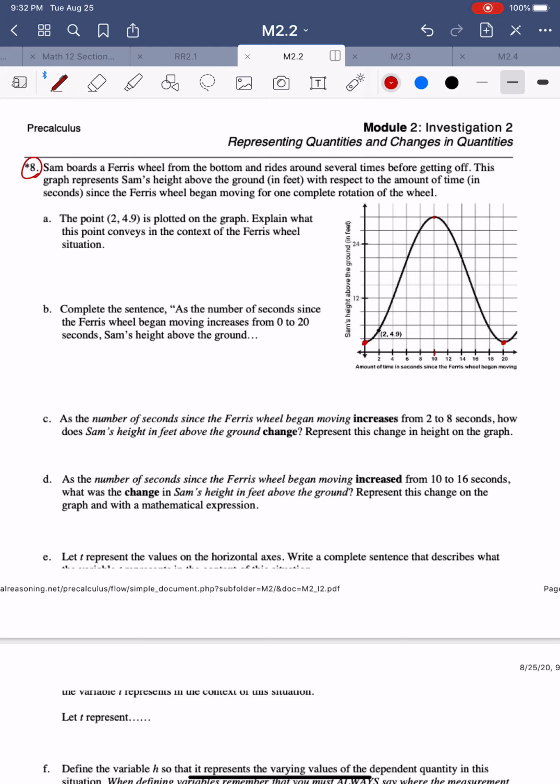Okay, so A, the point (2, 4.9) is plotted right here on the graph. Explain what this point conveys in the context of the Ferris wheel situation.